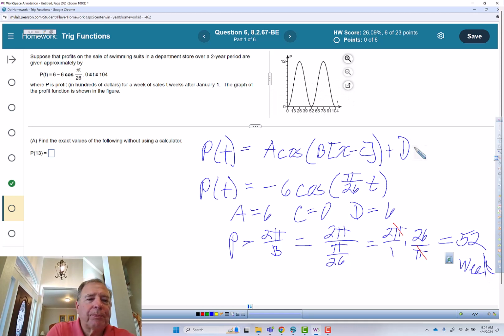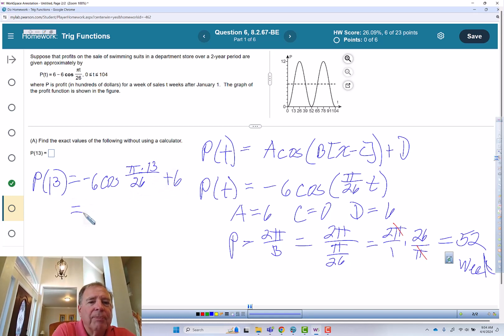And then if we put in P at 13, I would again change it around to negative 6 cosine pi times 13 over 26, and then plus 6. 13 over 26 is 1/2, so we have cosine of pi over 2.